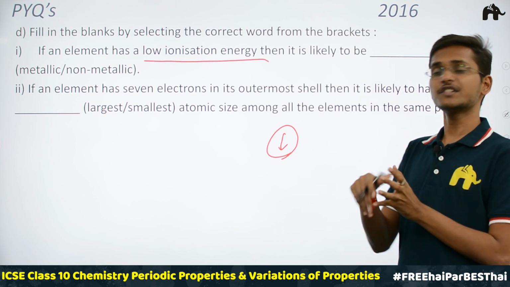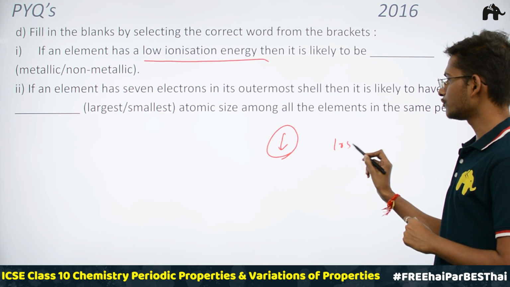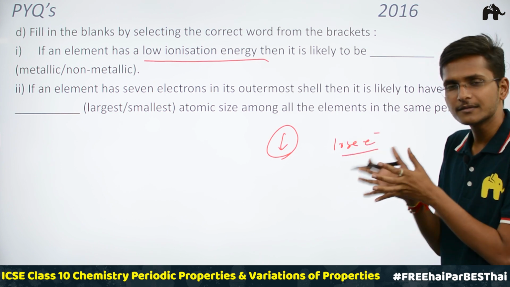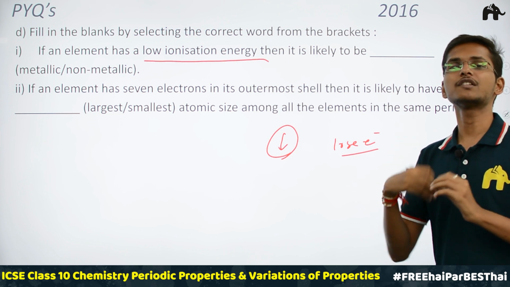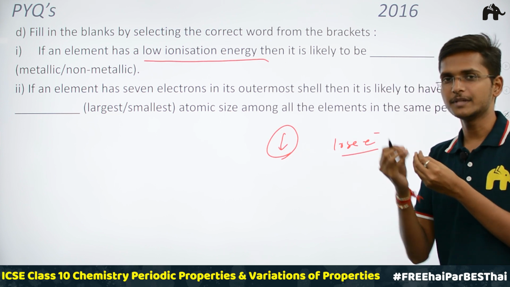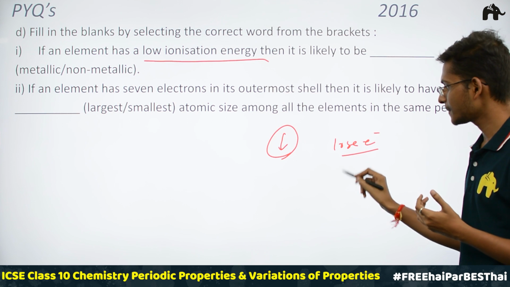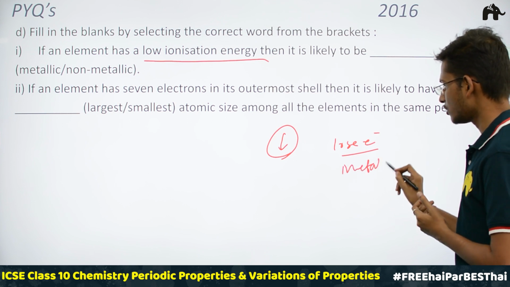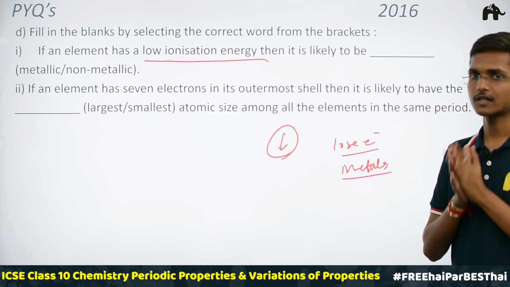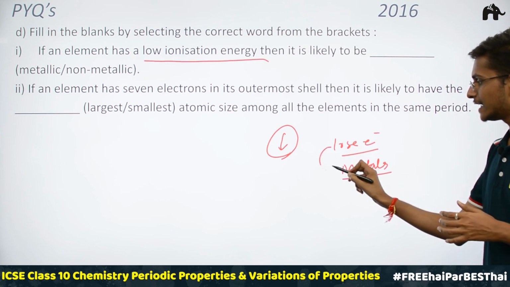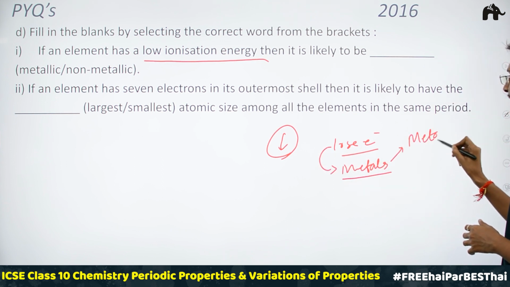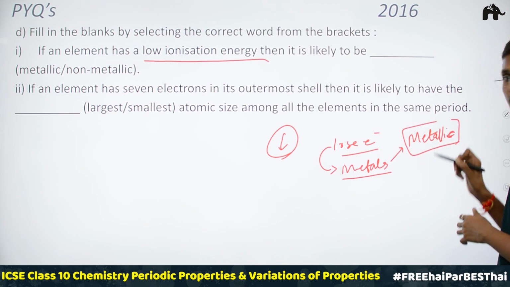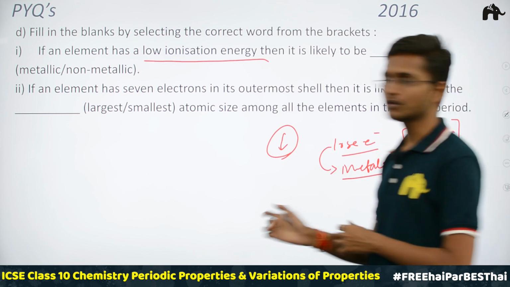And we have just studied that the elements which have the tendency to lose electrons behave like metals, right? Because metals also have the tendency to lose electrons, correct? And if they are behaving like metals, then we can say they have metallic character. So our answer is in front of you, metallic.